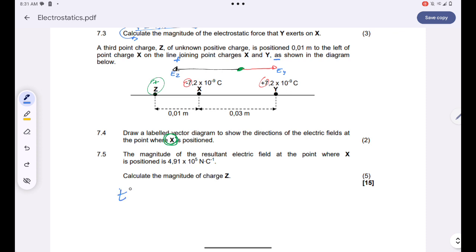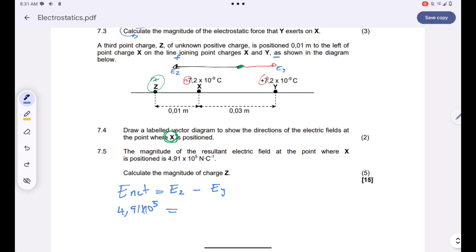So my E net is basically equal to the electric field due to sphere Z minus the electric field due to sphere Y. Are you together? The E net is just 4.91 times 10 to the power 5.